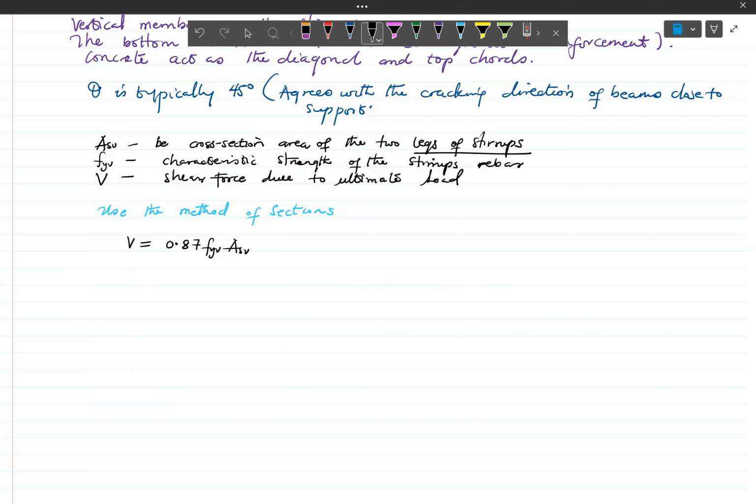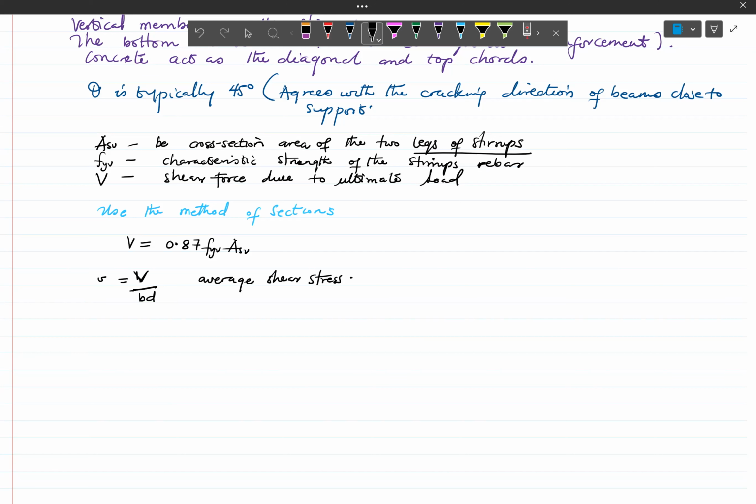All right. And then the average shear stress, small v, is the shear force at any point divided by the width times the effective depth. So this is what we call the average shear stress.